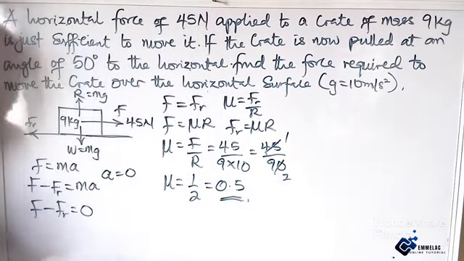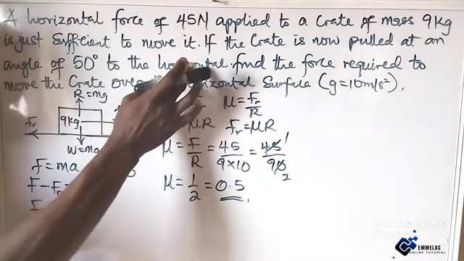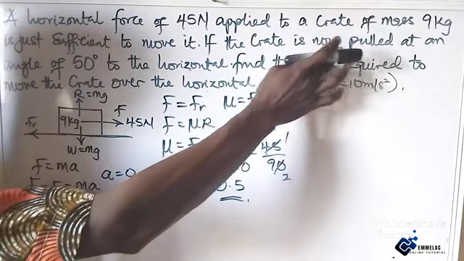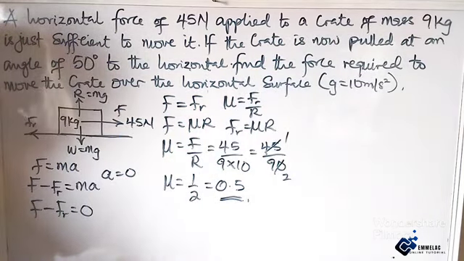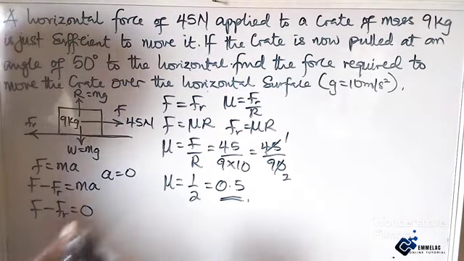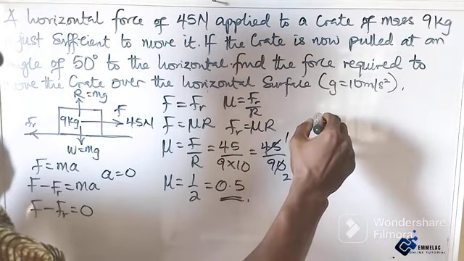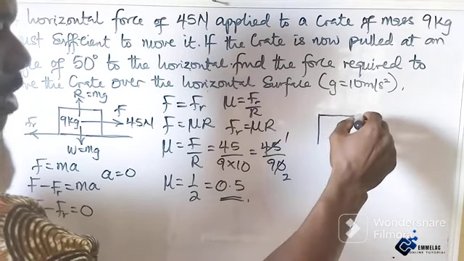All right, now that we've gotten that, the second sentence says if the crate is now applied at an angle of 50 degree. Now reacting to this, we can just draw another diagram here.